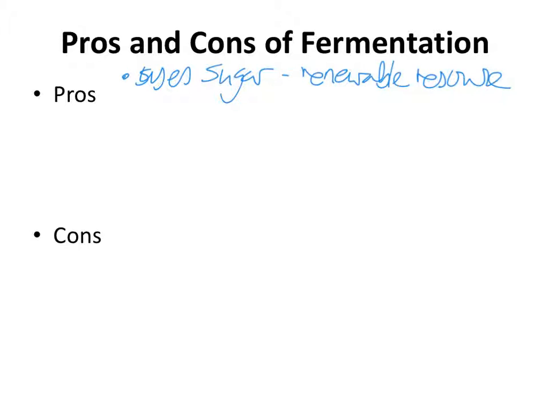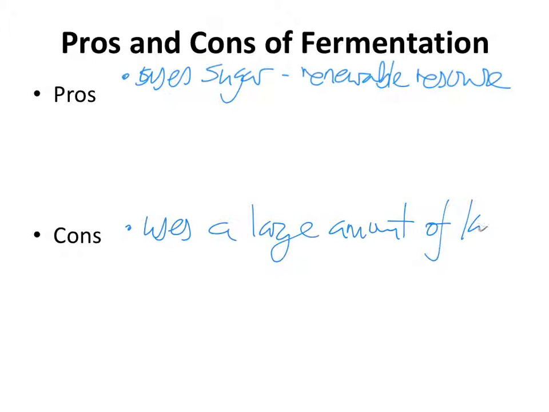Unfortunately, sugar requires quite a lot of land. If we're going to produce a lot of ethanol using sugar, we're going to need a huge amount of land to do it. So a con of this process would be that it uses a large amount of land. Now this land could be used for other things. It could be used for housing.